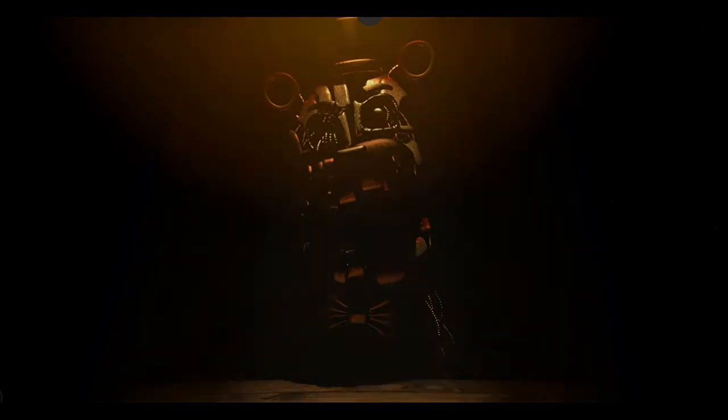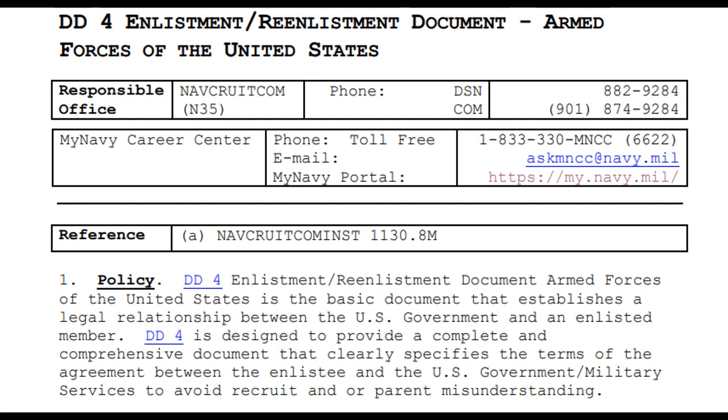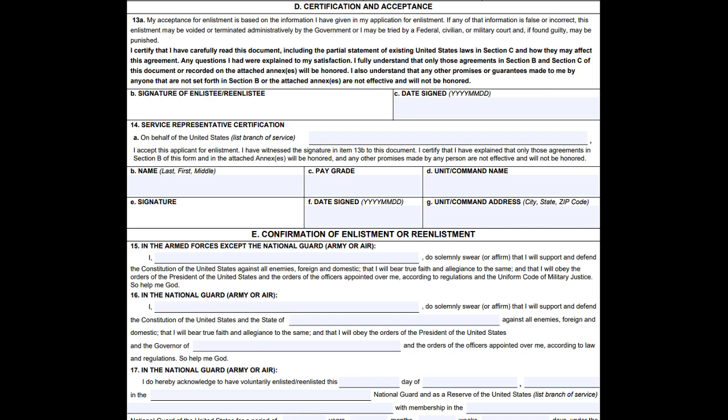Now, if we look into the military, you can actually look into the enlistment forms, where the special paragraph 4 is whenever the service member signs to be willing to risk their life for the military, to follow all of their commands. It is the will and duty to give their life to the service, and that's what they're signing away in this paragraph.